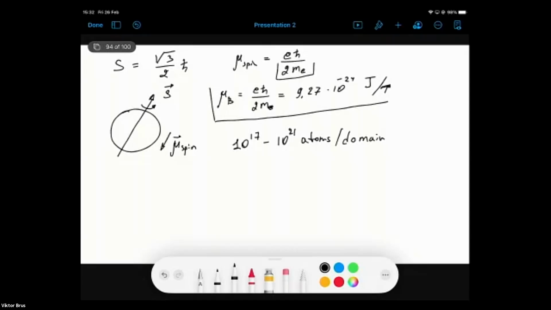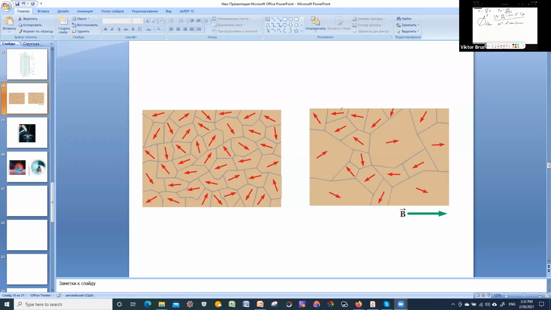And initially, magnetic moments of all these domains are randomly distributed and oriented. So the net magnetic moment of the material could be equal to 0, as shown on this image.